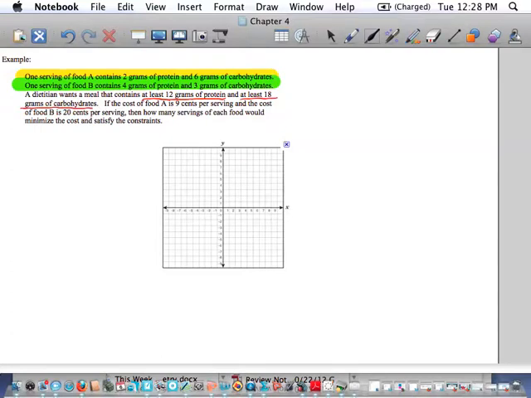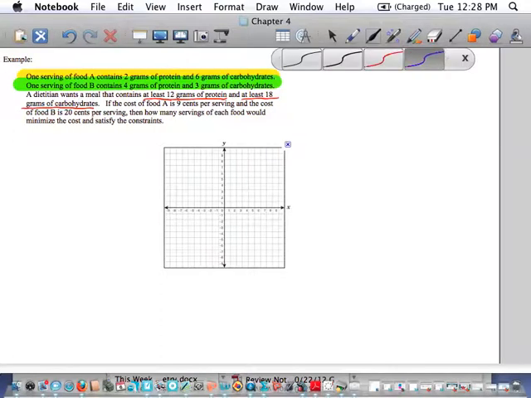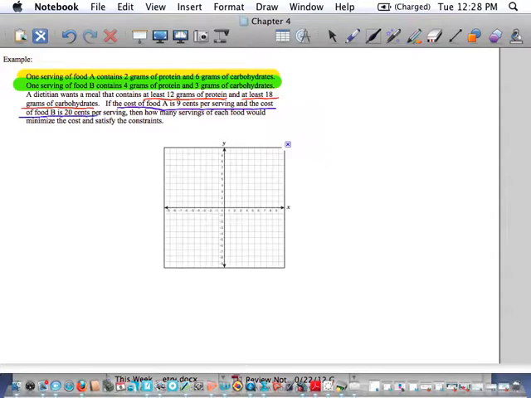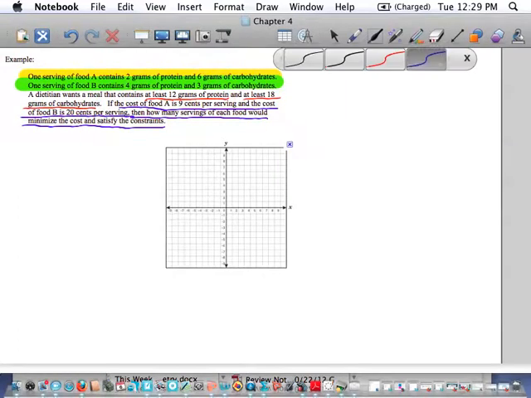If the cost of food A is 9 cents per serving, so now we have a cost, and the cost of food B is 20 cents per serving, then how many servings of each food would minimize the cost and still satisfy those constraints? So again, let's take a look at setting up a table to understand this problem a little better.